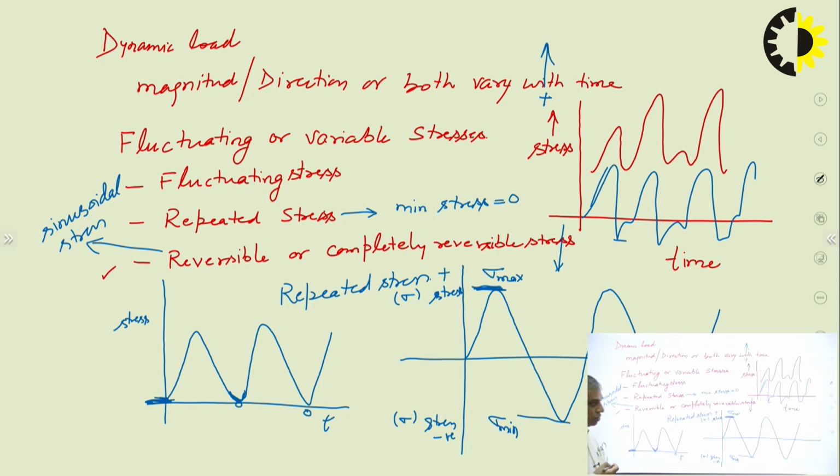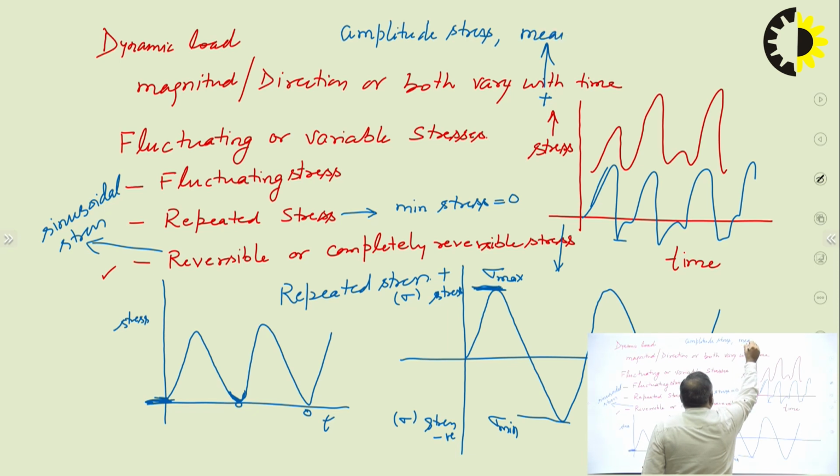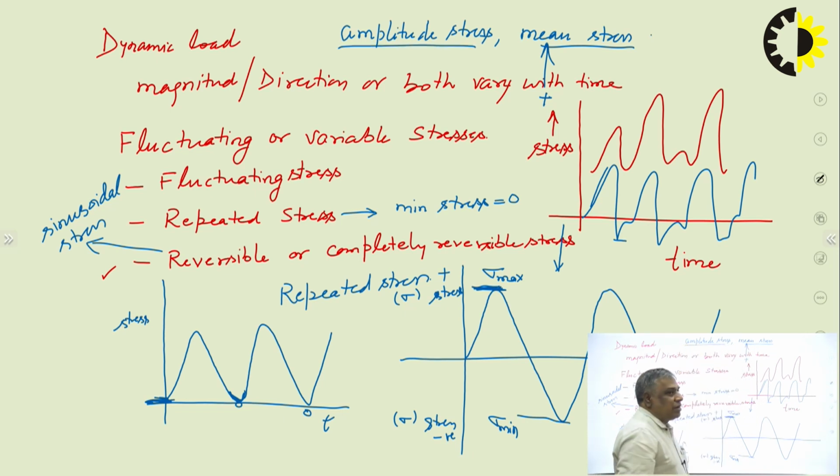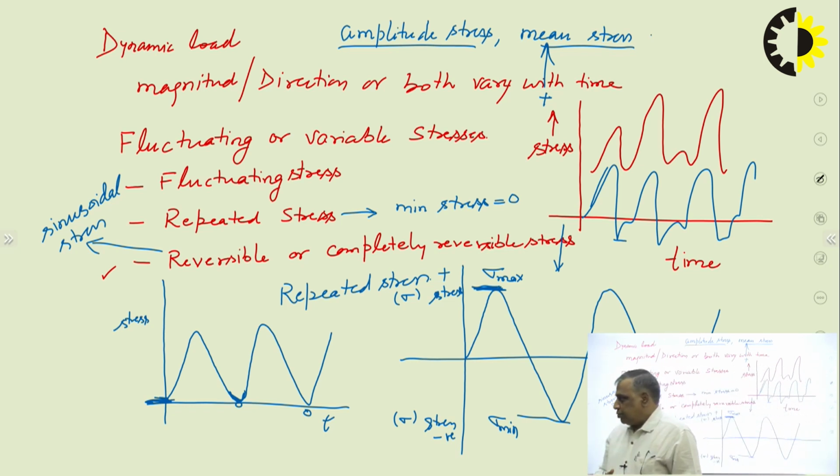Now, when we analyze, all design concepts come into the picture. What stress variables do we use? We use the amplitude stress and mean stress. In fact, these terms are self-explanatory. Amplitude is the maximum displacement on one side from the mean position.